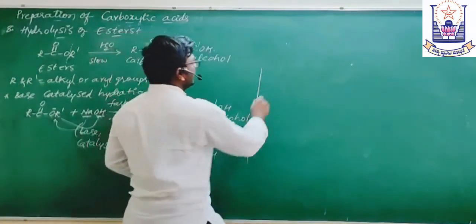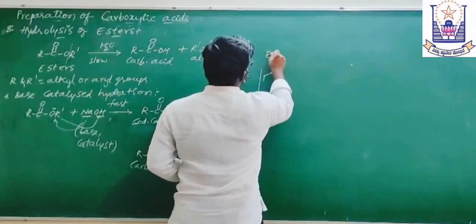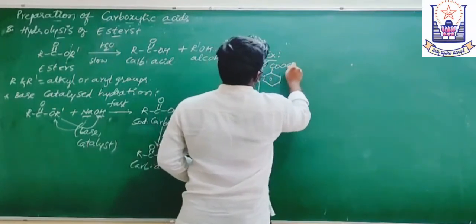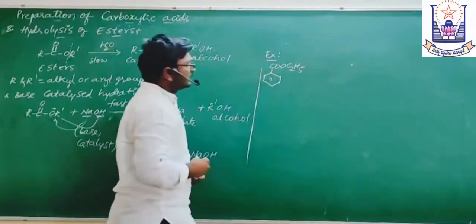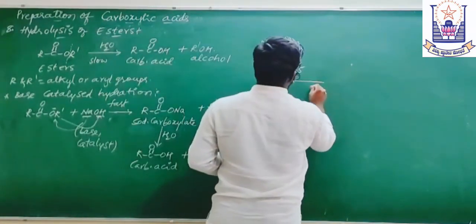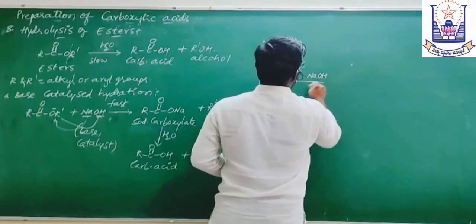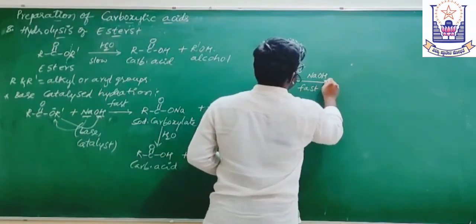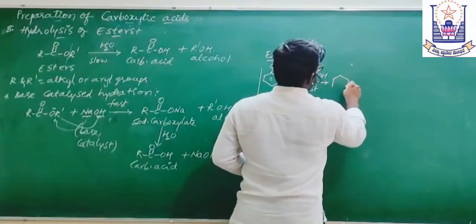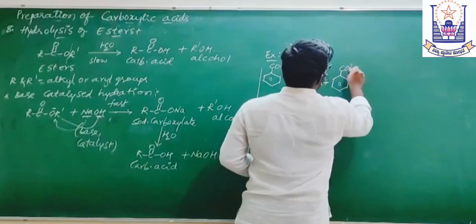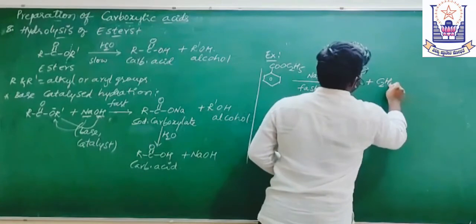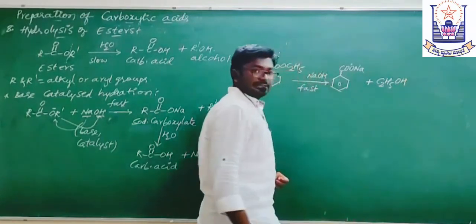Take ethyl benzoate. This is ethyl benzoate. When this is heated with NaOH, the reaction will be fast. You will get sodium benzoate plus ethyl alcohol. What is this?